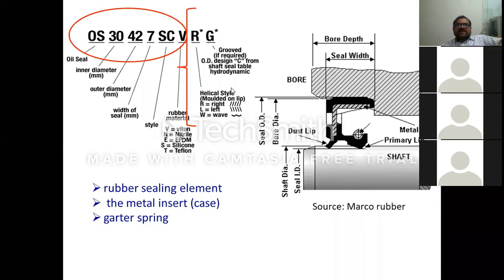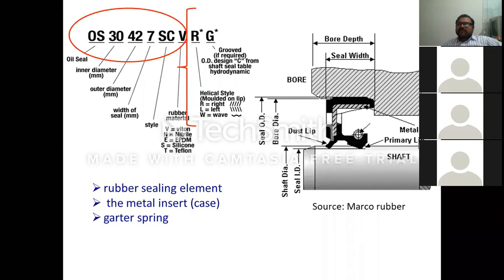Try to understand. Then the second important thing, its designation. How is it designated? Look at this. OS means oil seal. 30 means inner diameter, the inner diameter of the oil seal. Then outer diameter. Here, look at this outer diameter from this side. Only this figure is shown from this side also. Then width. I have already shown the width here. Then style.